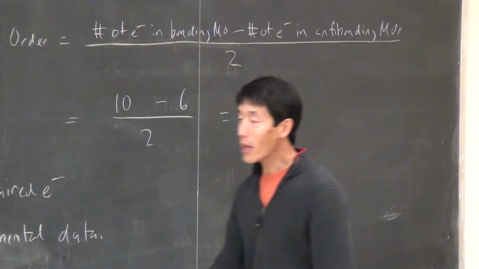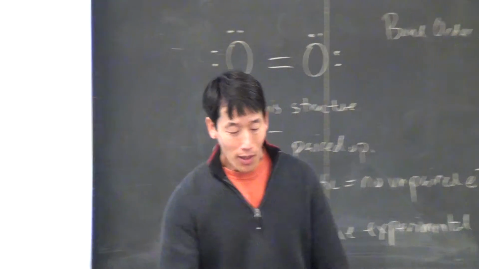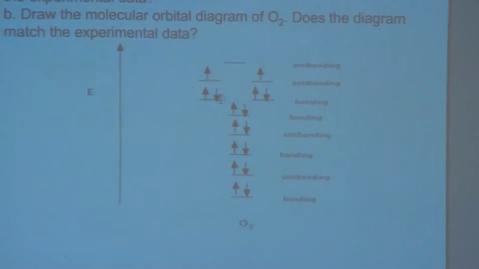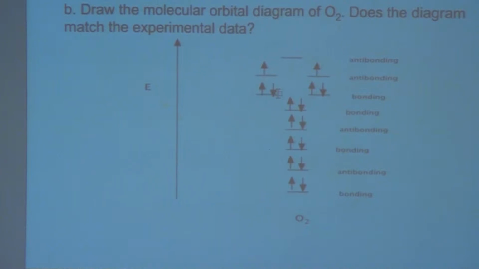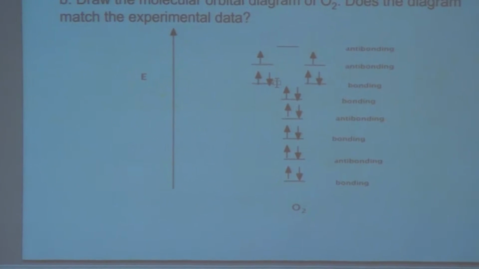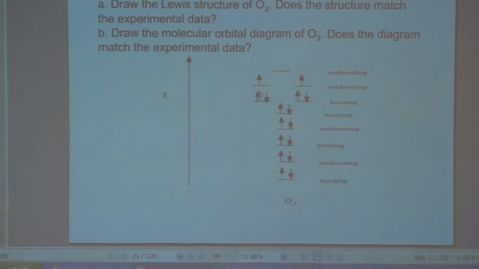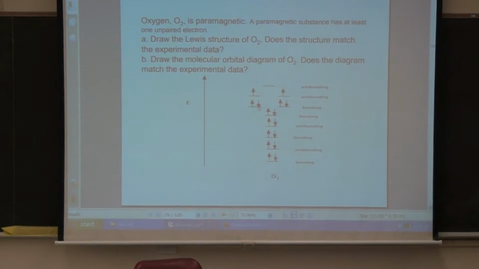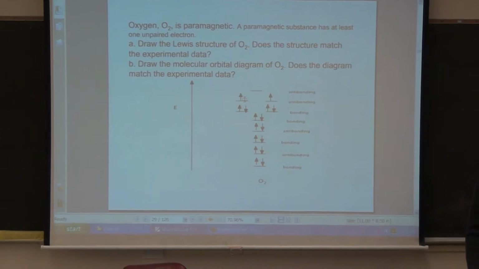Now, how can we break this oxygen bond? One way to break this bond would be, for example, to supply energy to the O2 molecule. For example, let's say that this electron in this bonding molecular orbital were to undergo a transition to the anti-bonding molecular orbital.